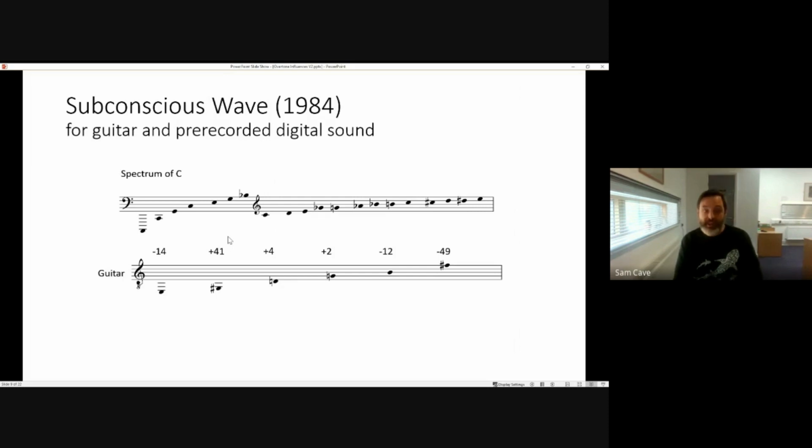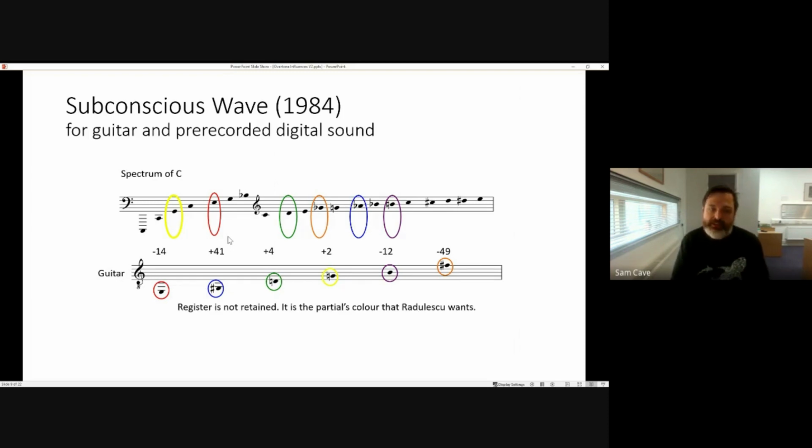This is a diagram, again, of a spectrum of C. And for his piece, Subconscious Wave, which is for guitar and pre-recorded digital sound, what Radulescu does is he retunes the strings of the guitar to the cent deviations of various partials of this overtone series of C. And so he creates a guitar that, when you play the open strings, is a spectral emanation of C. But he doesn't worry too much about dogmatically retaining the register of these partials, like, for example, in Grisey.